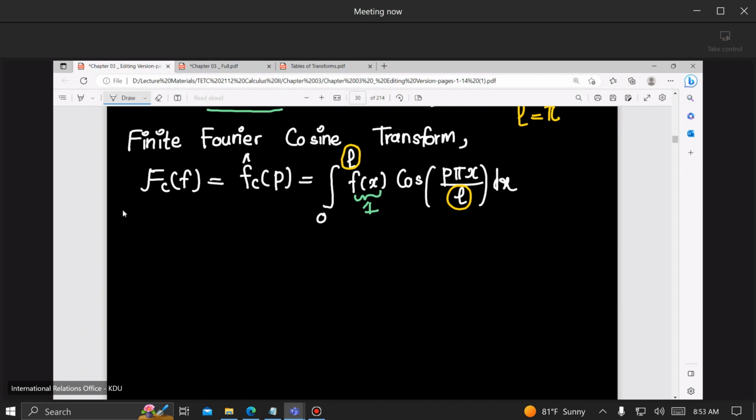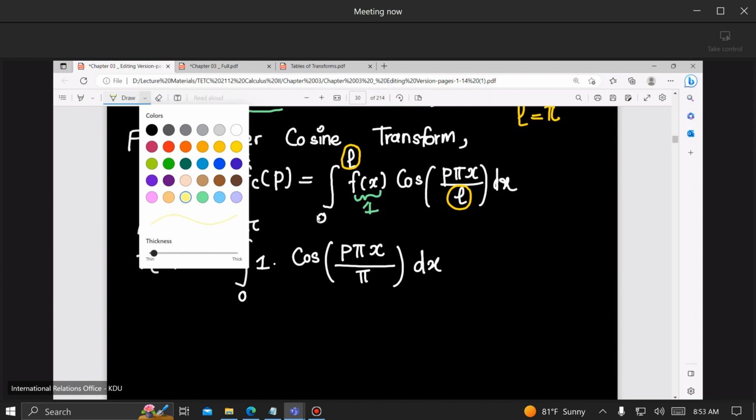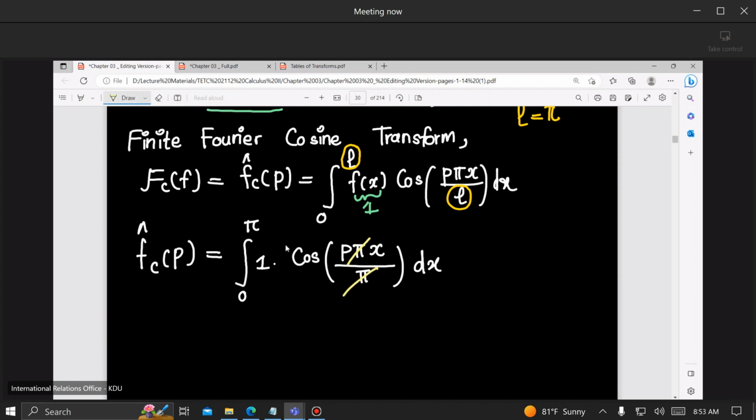We can write f hat c p is equal to the integration from 0 to 5 of 1 times cos p pi x over L, where L is 5, dx, and we can see that this 5 cancels out.